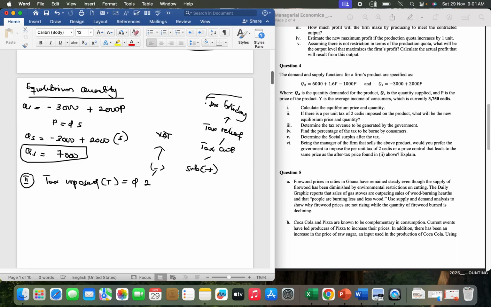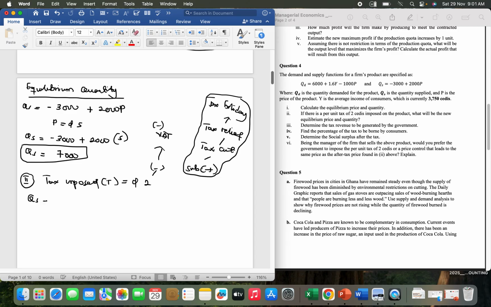They are all subsidy, we add. But tax, it's either tax or VAT, we subtract. So both tax and subsidy affect the supply function, but the way they affect it differs. Tax we subtract, subsidy we add.